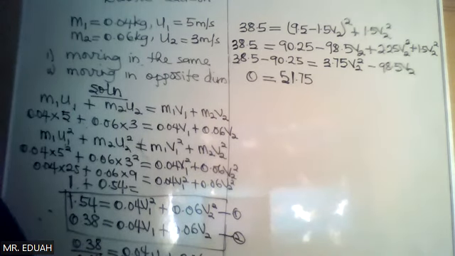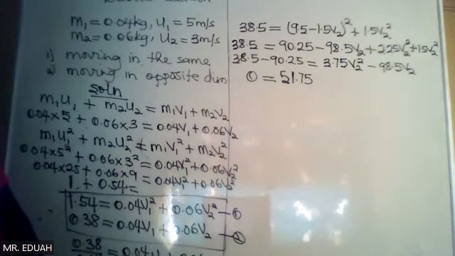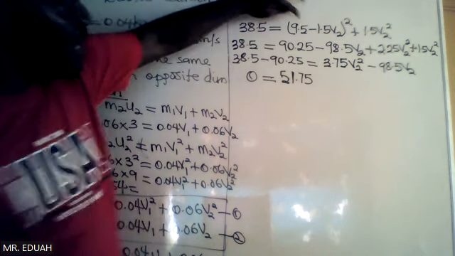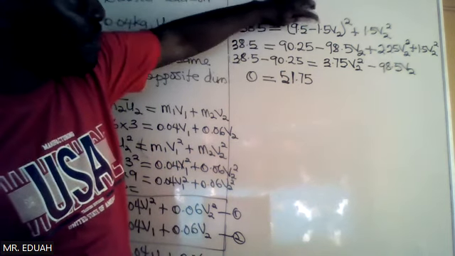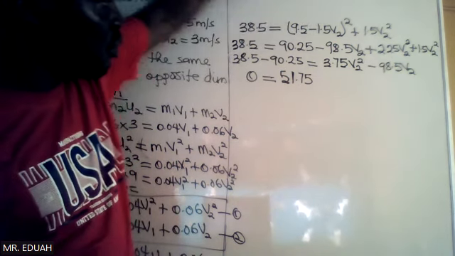Where? The 2 times 9.5 times 1.5 is 28.5, not 98. 9.5 times 1.5 times 2.